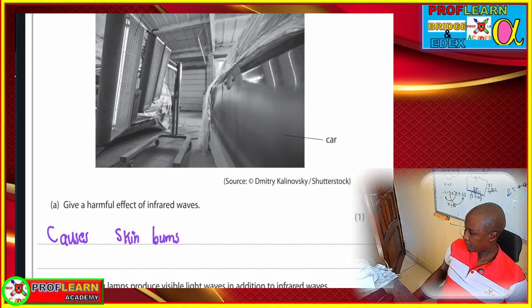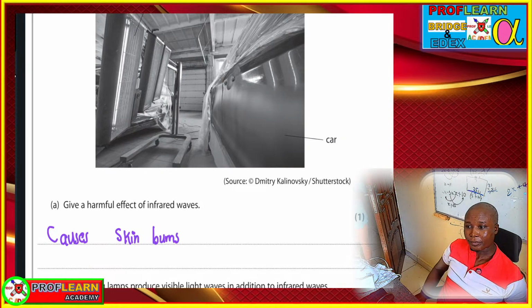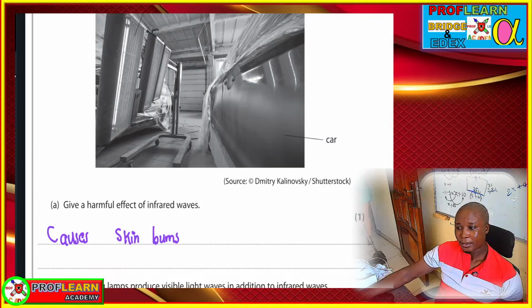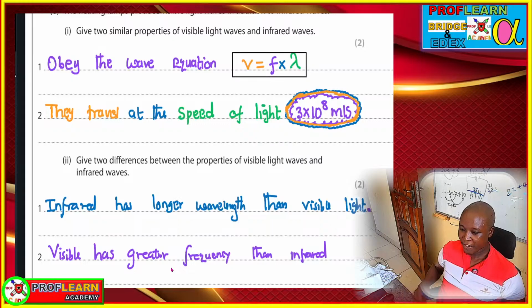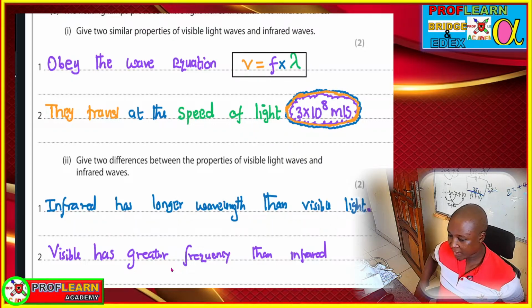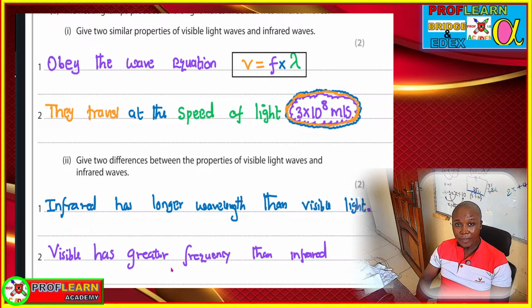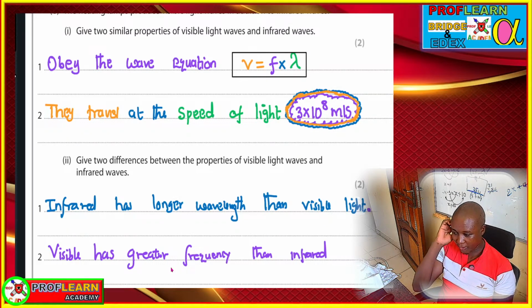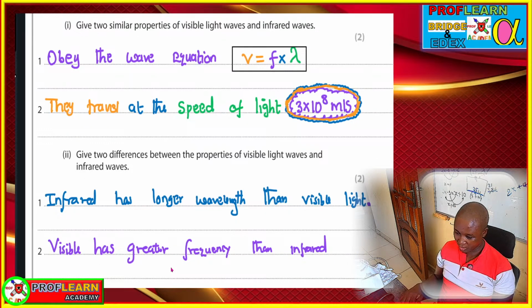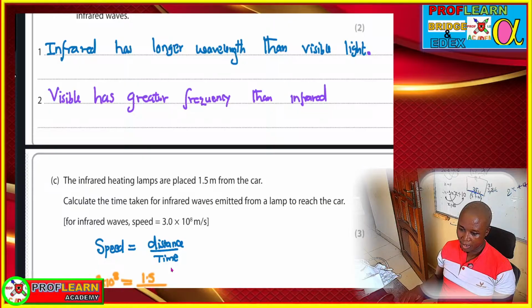All of them obey the wave equation. Gamma rays can cause cancer, isn't it? Differences are based on wavelength and frequency. Don't give differences based on the uses. Yeah, so you need to remember that.